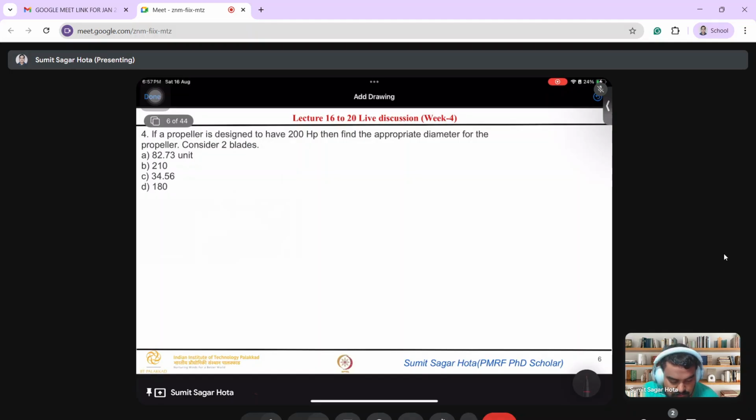The next question is, if a propeller is designed to have 200 horsepower, then find the appropriate diameter for the propeller. Consider two blades. Write down what is given. P is equal to 200 horsepower.